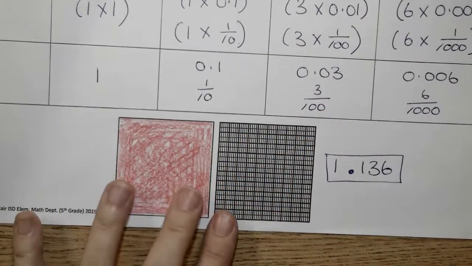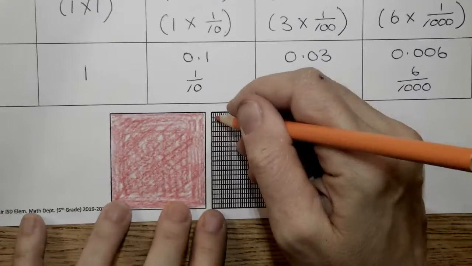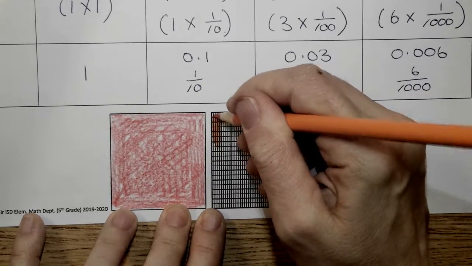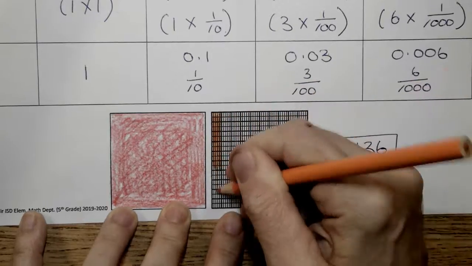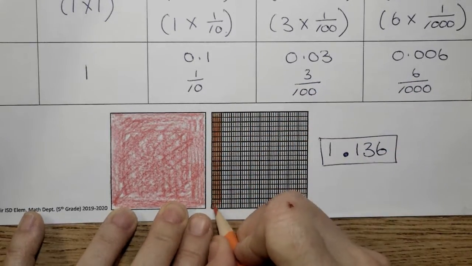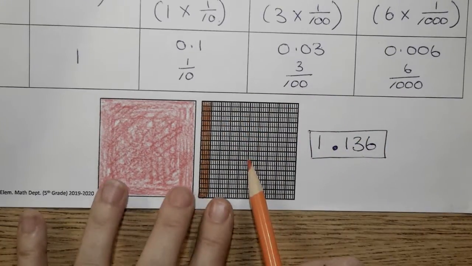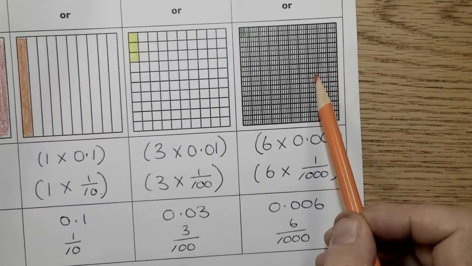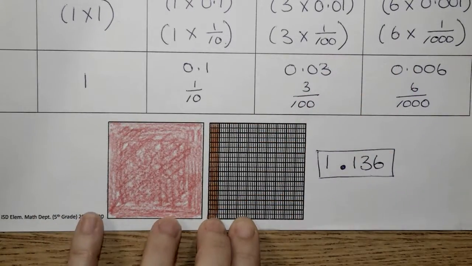Okay, so there's my 1. And then the next thing, I had one group of tenths. Whatever you had in yours, you colour in orange. So I'm going to colour one column. And you can see here, as we're clumping these numbers together, we have a chart that still looks like our thousands chart. Makes it a little bit easier for you. Okay, so this is going to be one group of tenths.